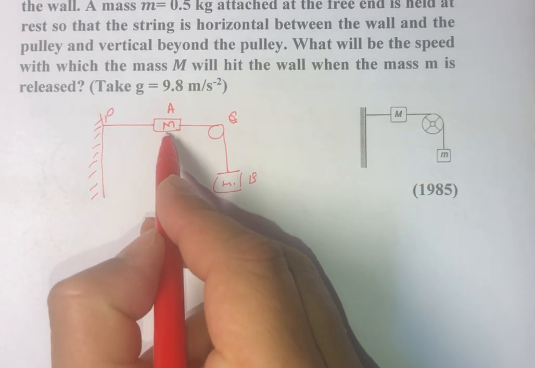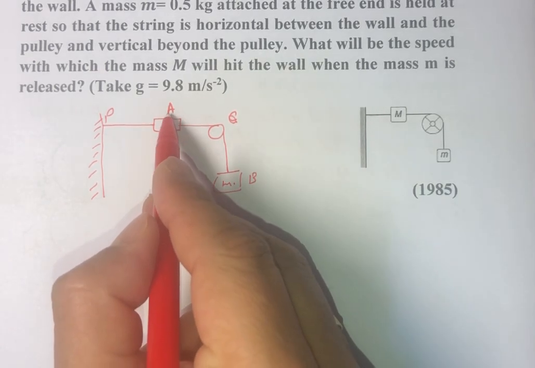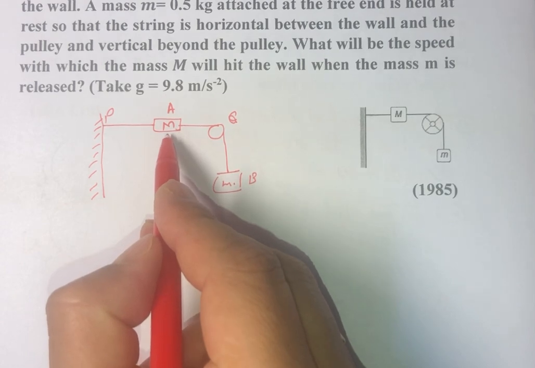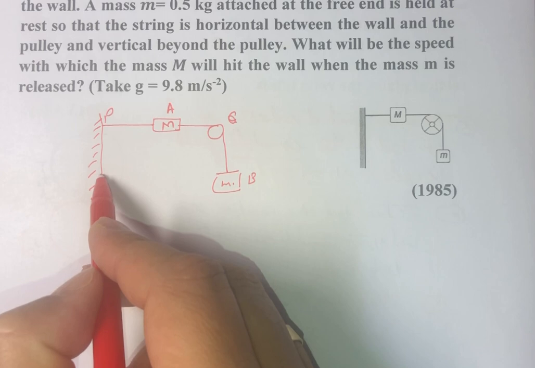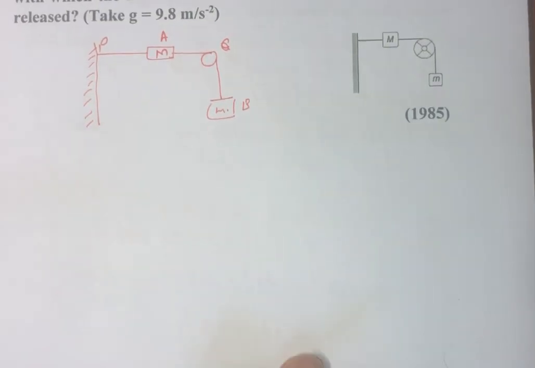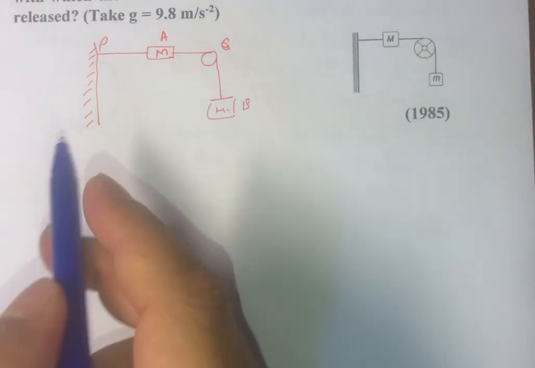Accordingly the mass at A is going to form an arc and strike the wall.